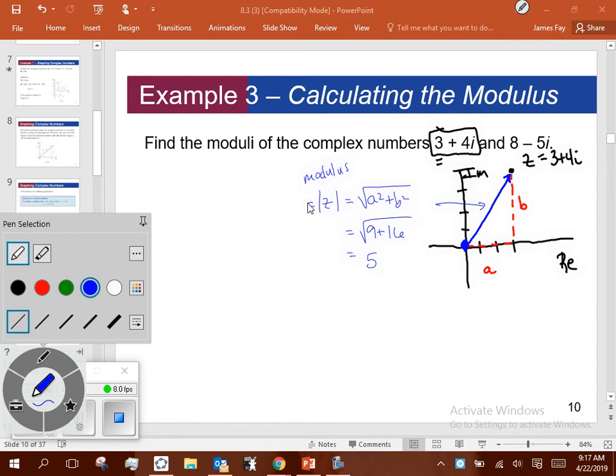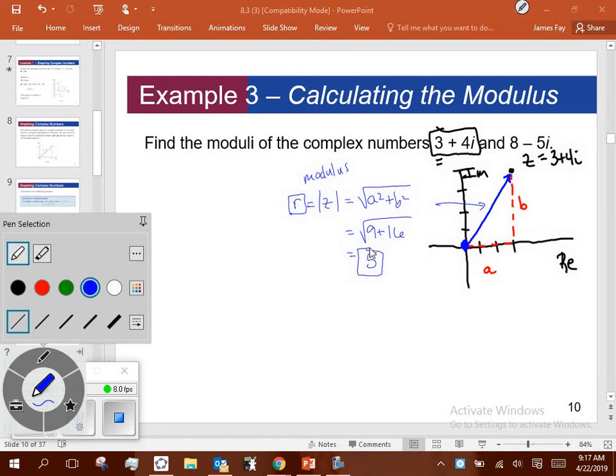Now, the modulus is consistent with being the radius of some particular circle. So our r, in this particular case, is 5. Okay? So what we're saying here then is that 3 plus 4i is on some circle of radius 5. Does that make sense? Okay.